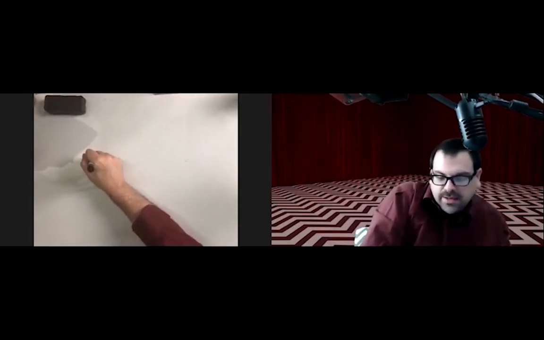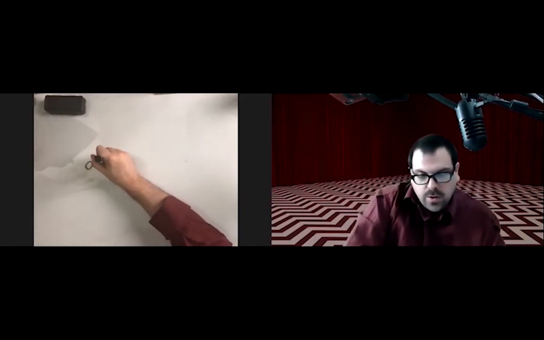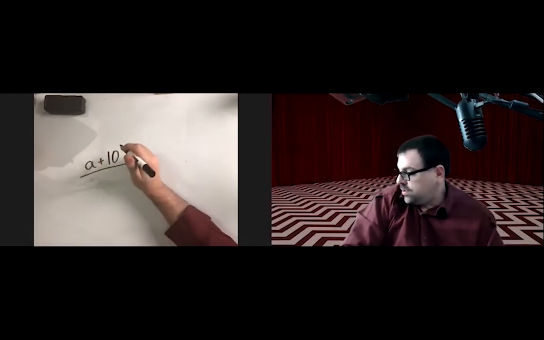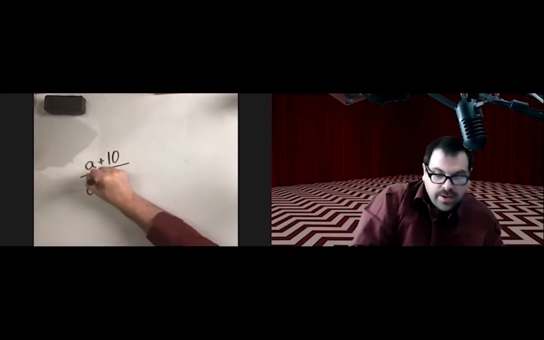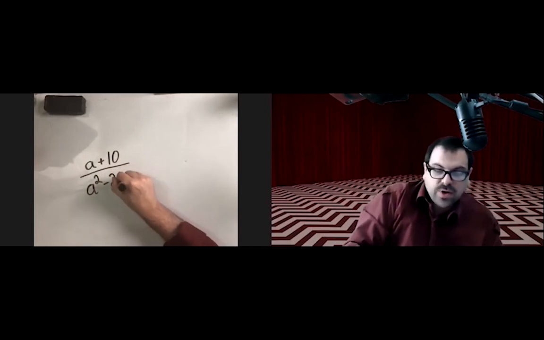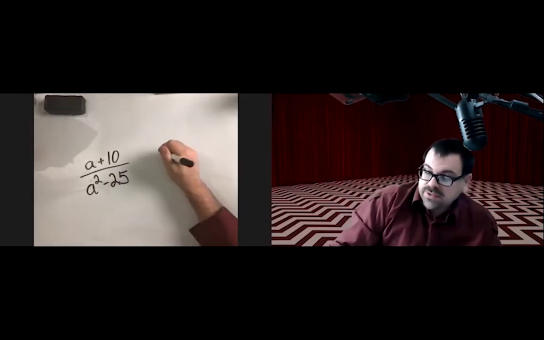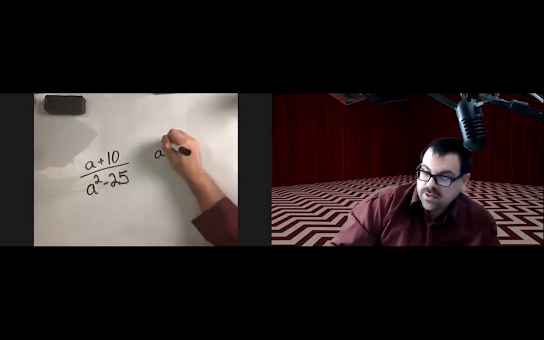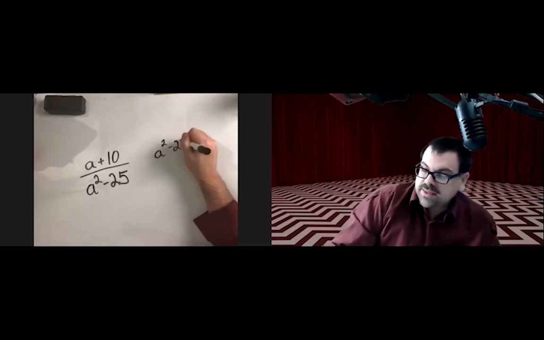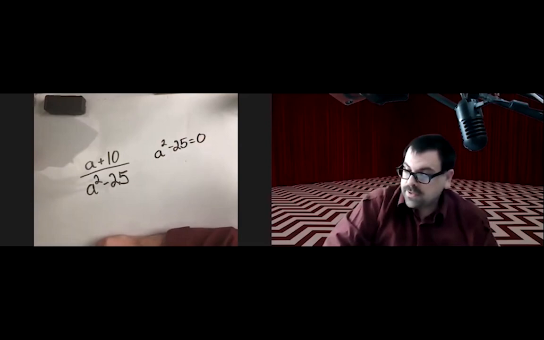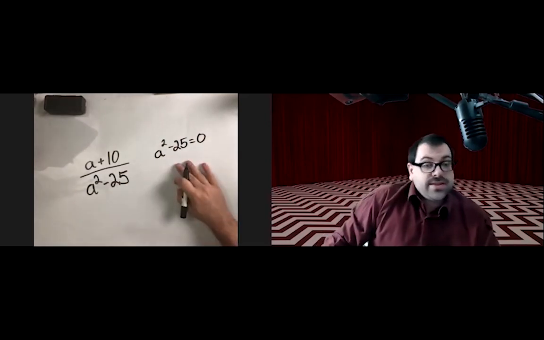Restricted values again. We have a plus 10 over a squared minus 25. What are the restricted values? Well, the restricted values are what we get when we set the bottom equal to 0. Now, 2 ways to solve this that we know about.